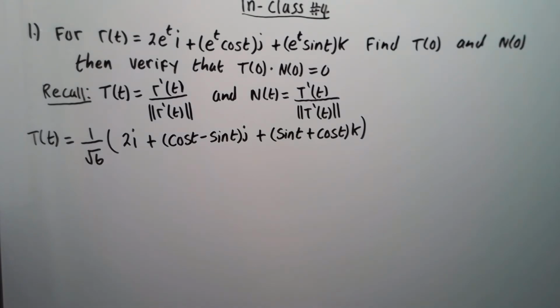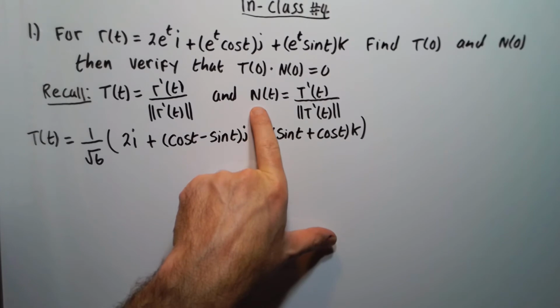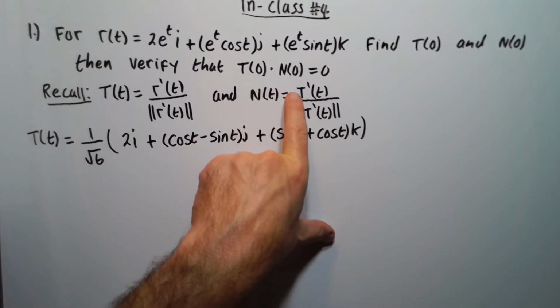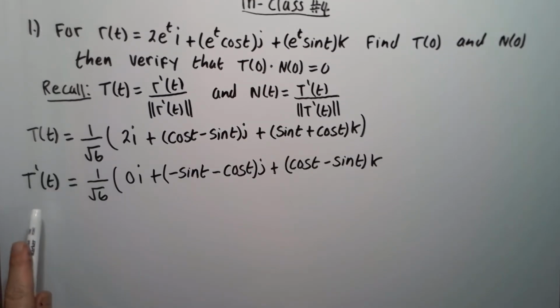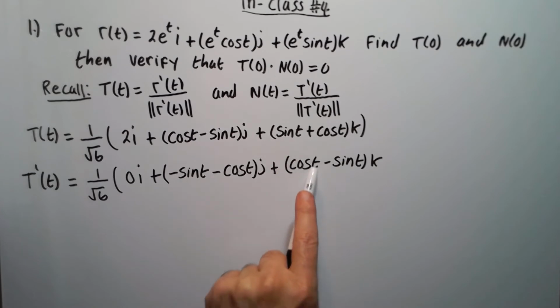Okay, let's now start to find our principal unit normal vector, or capital N. So we need to find capital T prime for that. Let's find capital T prime right here. Our capital T prime: derivative of 2 would be 0, derivative of cosine would be minus sine, derivative of sine would be cosine, derivative of sine would be cosine here, and derivative of cosine would be minus sine here.